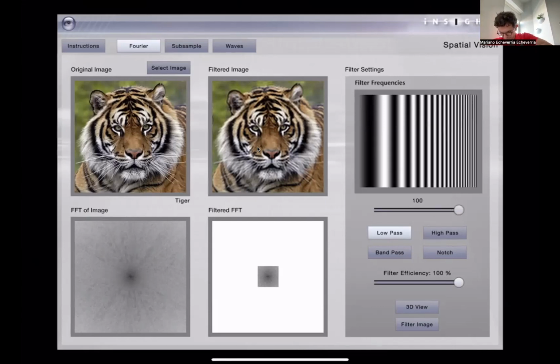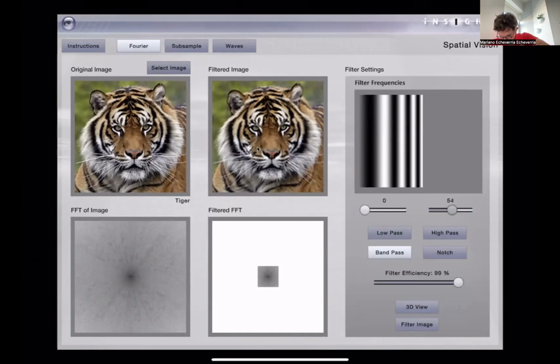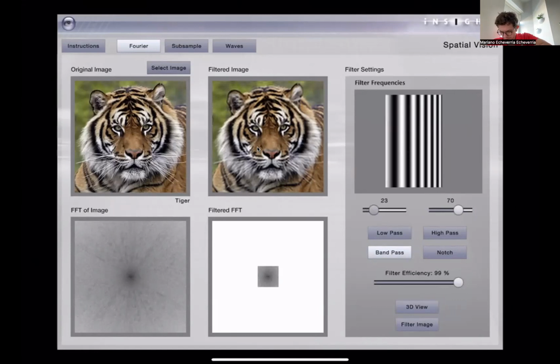But there are other types of filters you can apply. So like this bandpass, let's see. Well, now you see why it's called a bandpass. It just keeps a band in the middle of the frequency spectrum. So if you filter it now, it looks like this.